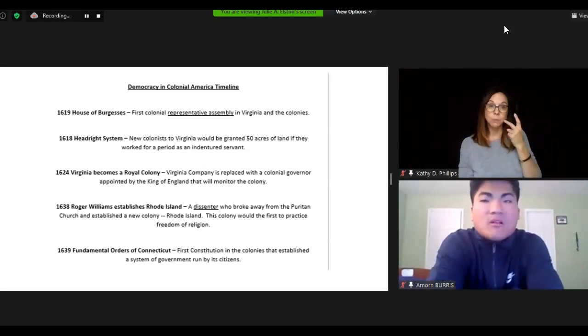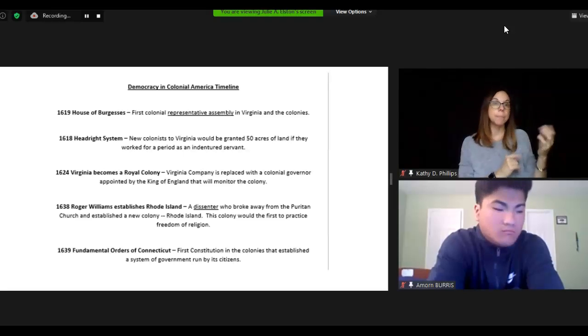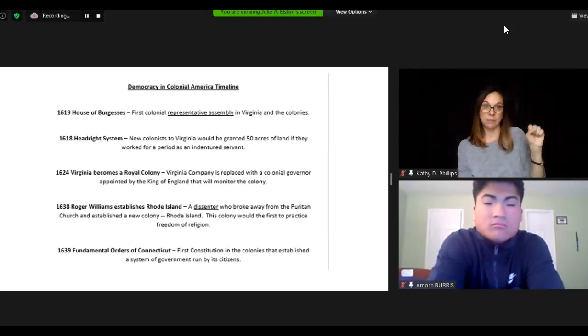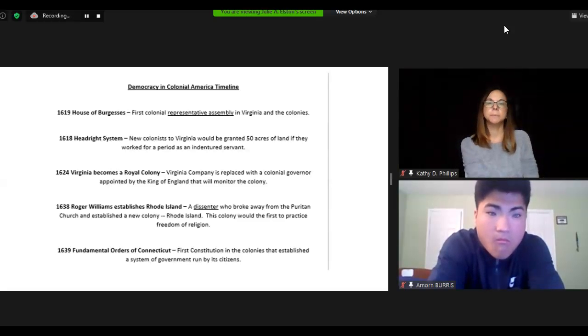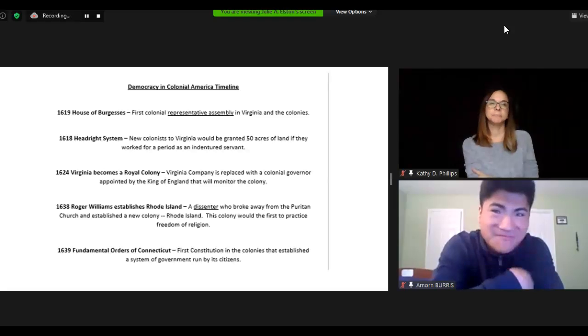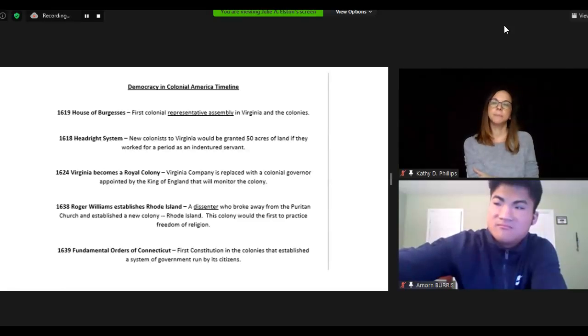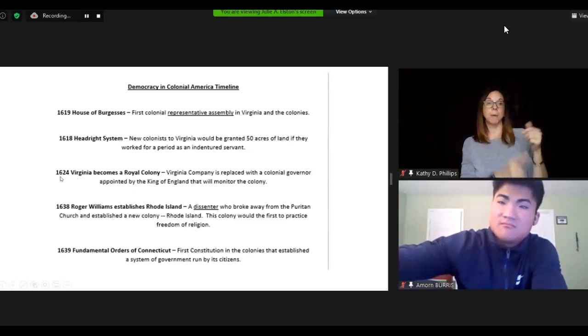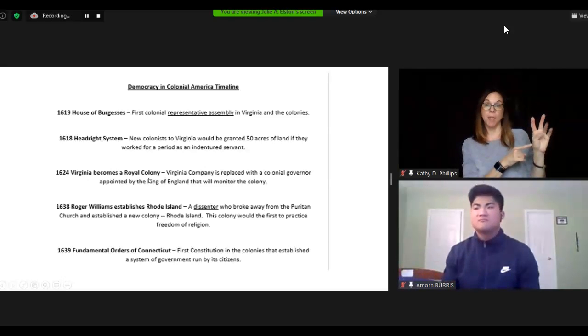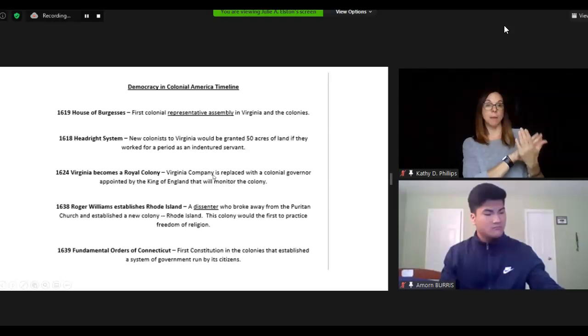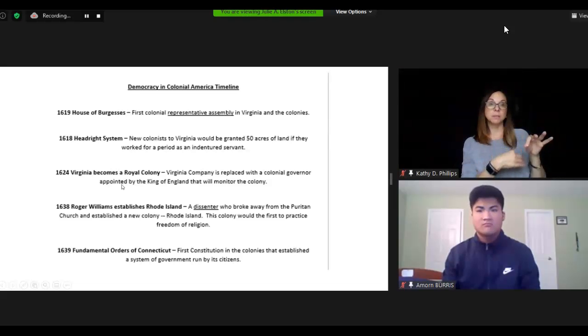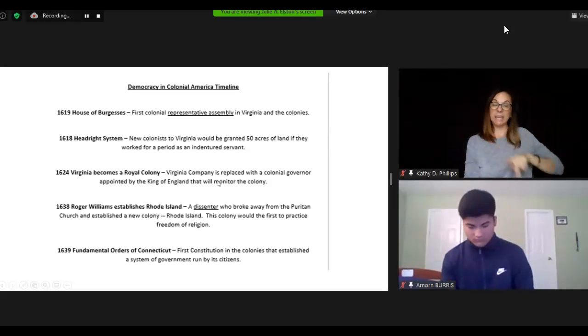Do we see an example here of something undemocratic in the colonies? But we take a look at this one, 1624, the Virginia Company that establishes Jamestown is replaced, and now we have a colonial governor appointed by the king, so the king gets to choose, that will monitor the colony.